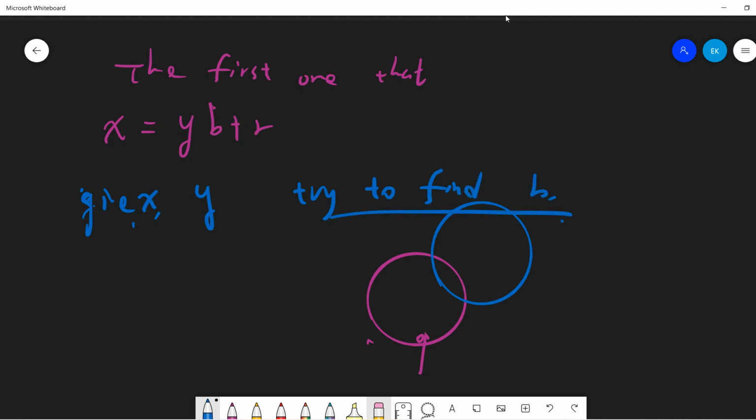So what I can do is try to write x equals b times y plus r, right? So I can write x minus by just r, and I divide by y, so I have this.